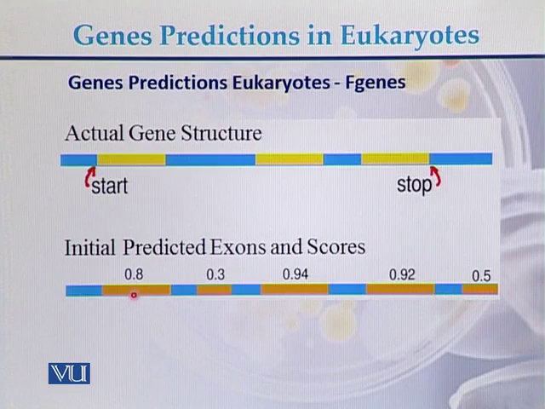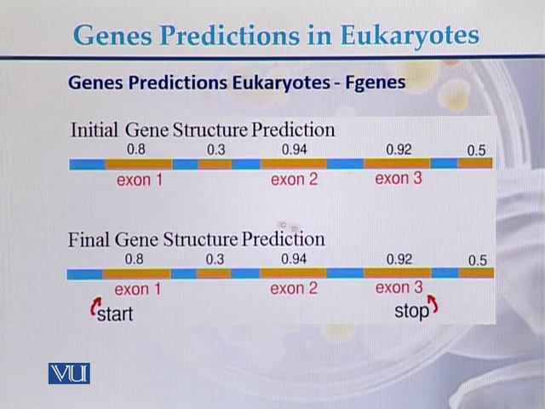So based on the scoring system, the actual exons can be identified. Here we have seen that it has given the score 0.3 and here 0.5, so they may be false exons.